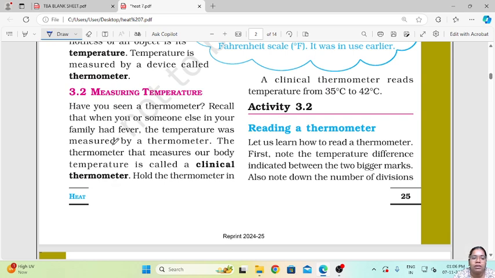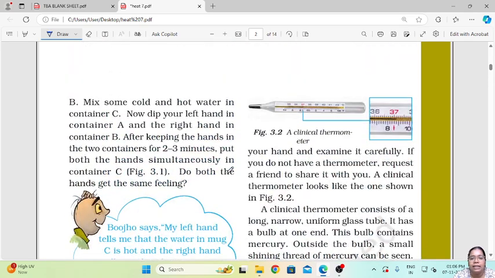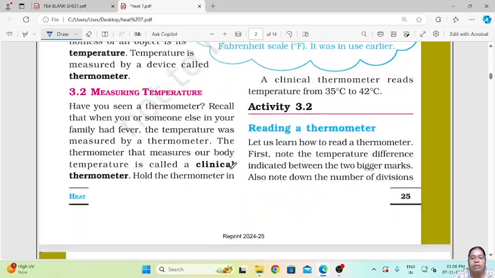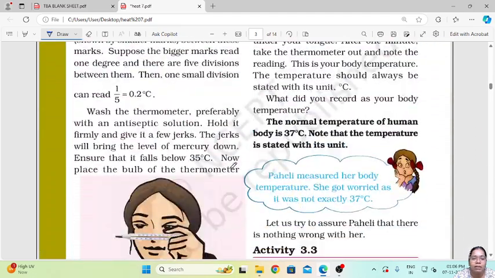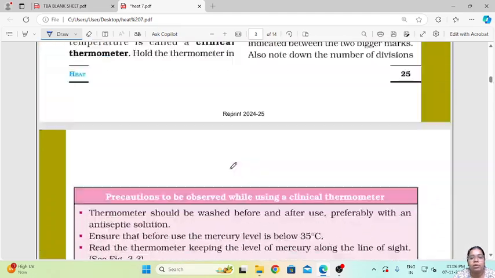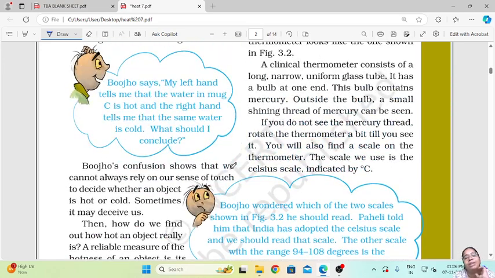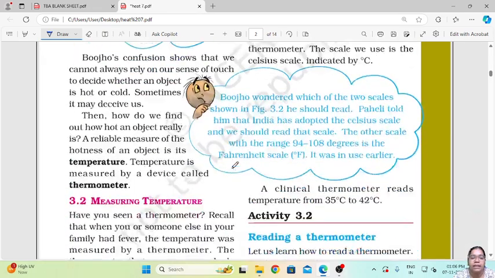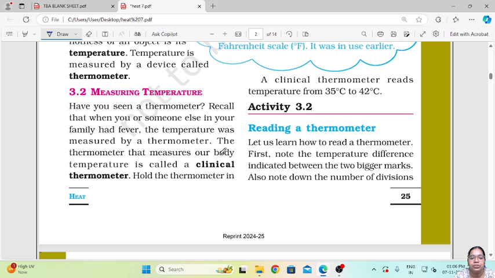The thermometer that measures our body temperature is called a clinical thermometer, and the other type is called the laboratory thermometer. The laboratory thermometer is used to measure the temperature of substances, liquids and solids in the lab, and the clinical thermometer is used for measuring the temperature of our body.